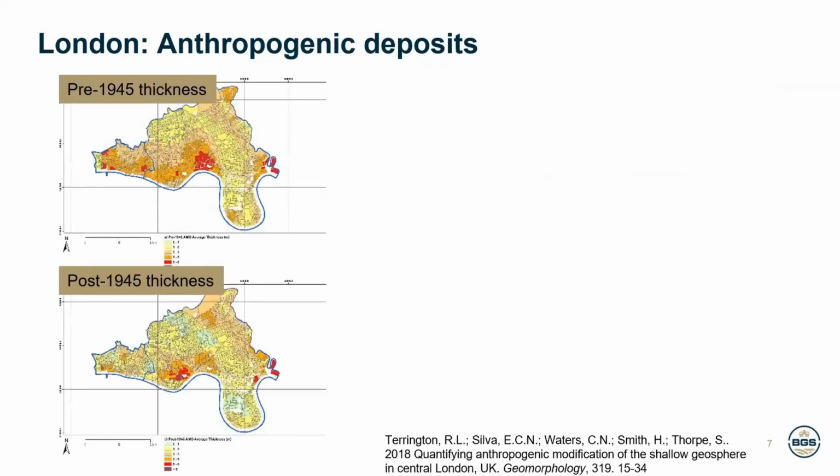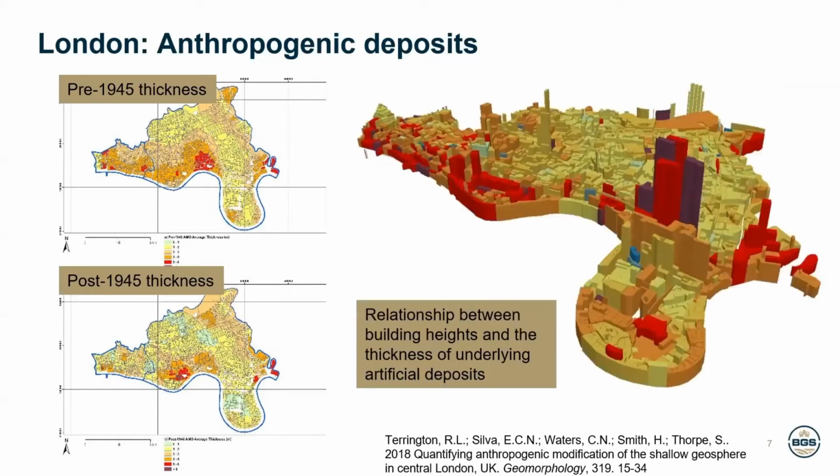And what they found was that, when you date your anthropogenic deposits, you can then look at how those thicknesses change with time and with space. They also found a quite strong relationship between the heights of the buildings and the thicknesses of the underlying deposits, and also large over-thickenings of anthropogenic deposits over previous or historical watercourses.